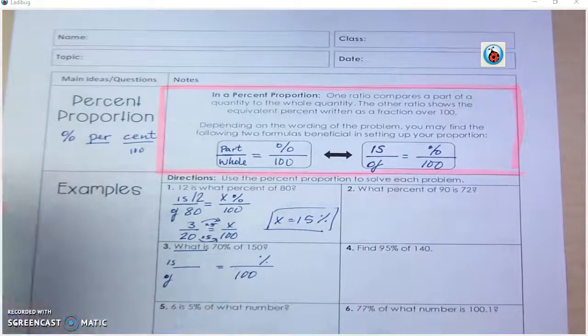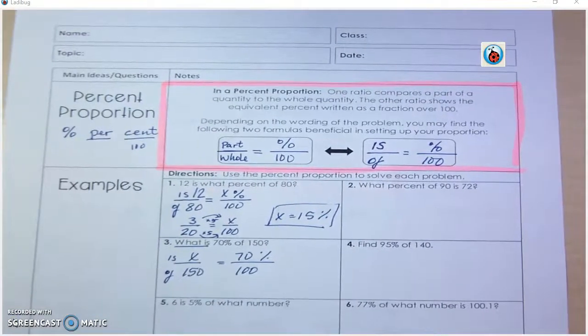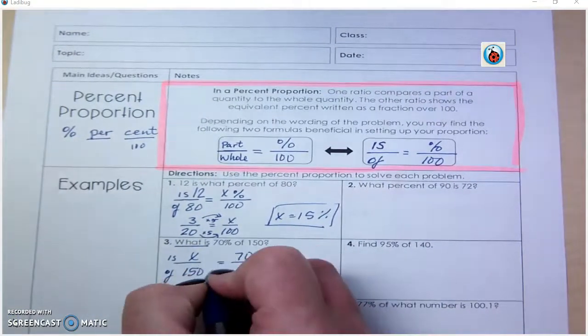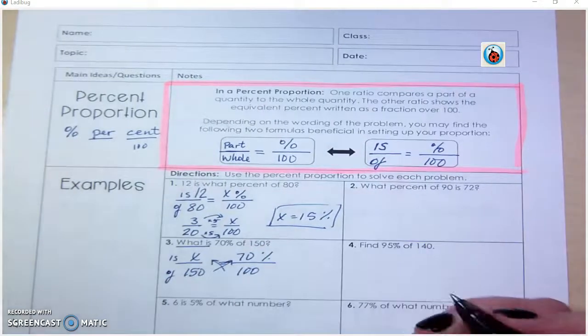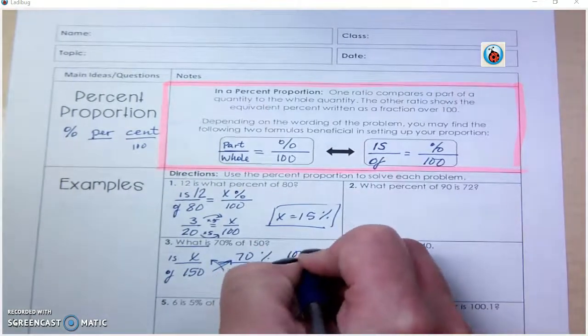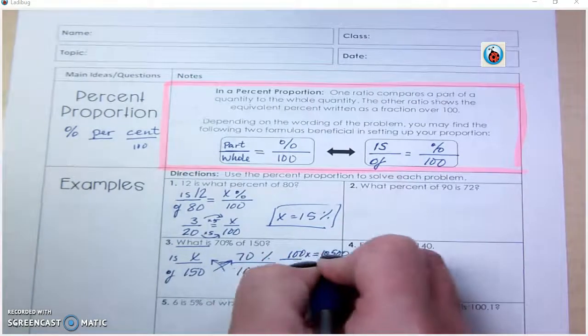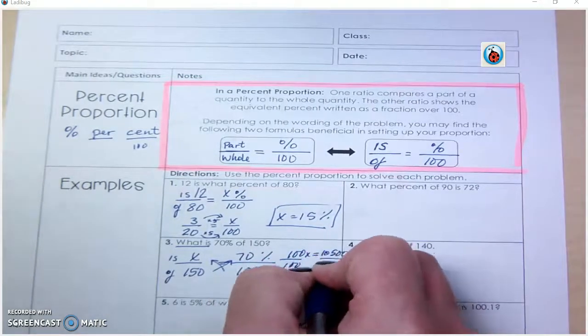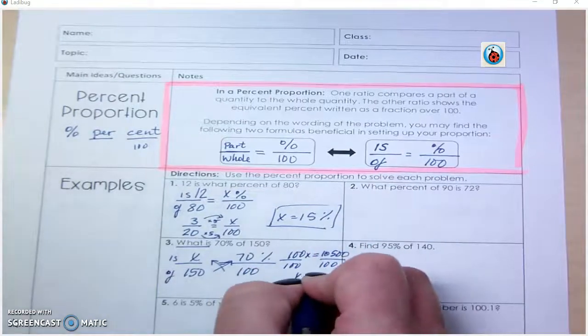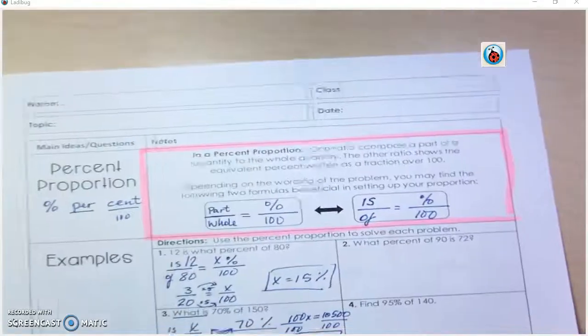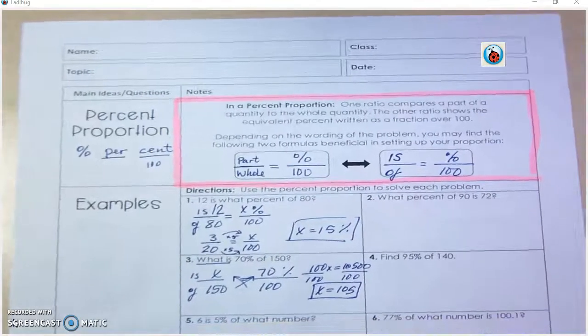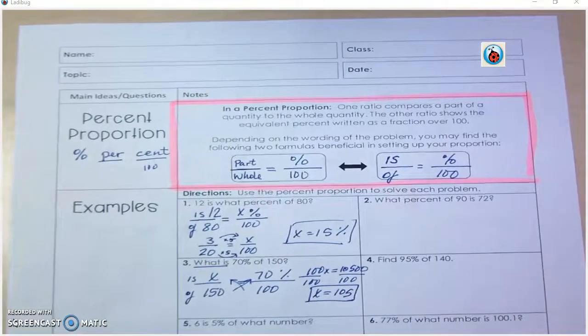That's never given to you. In a situation like this, if the relationship is not obvious, don't forget you can always do cross products. Then we're solving it as an equation by dividing by the coefficient. We will continue with these notes in class during the Zoom lesson. So have this ready and have your questions lined up as we practice with more scenarios.